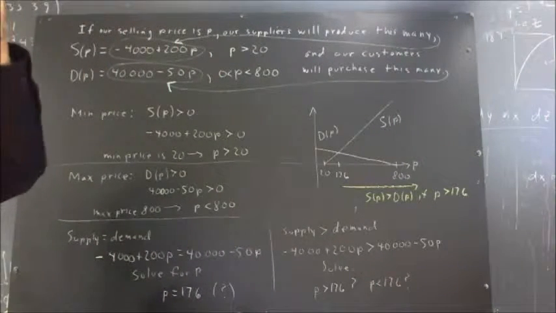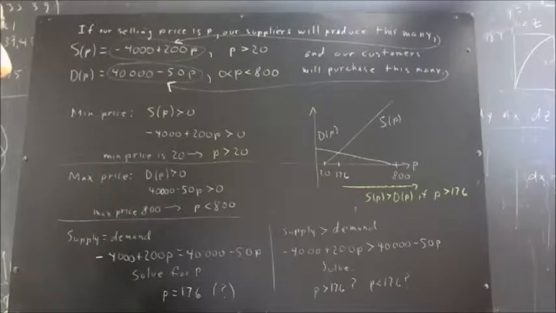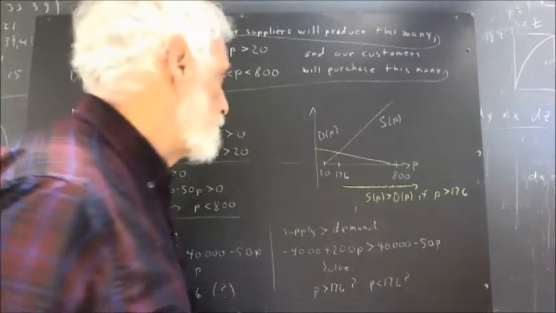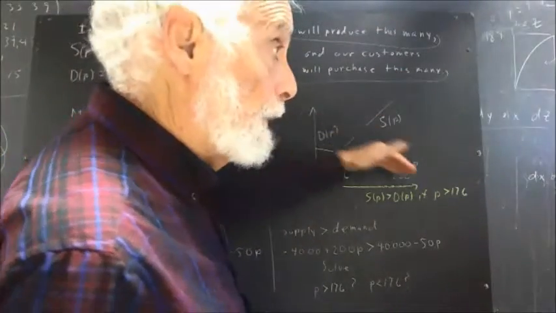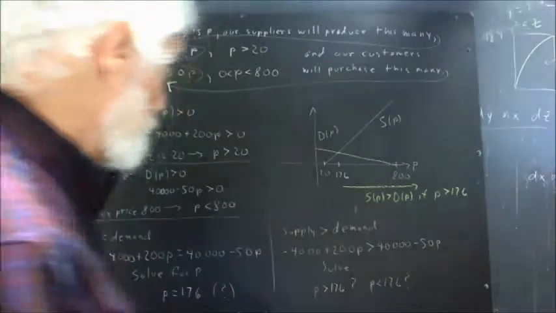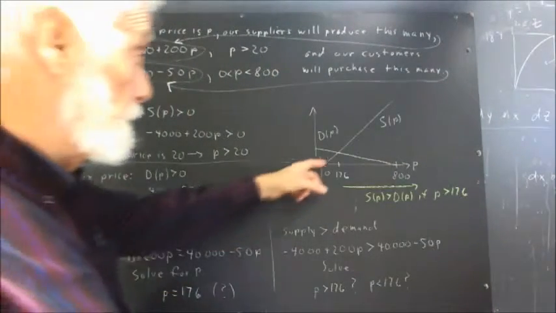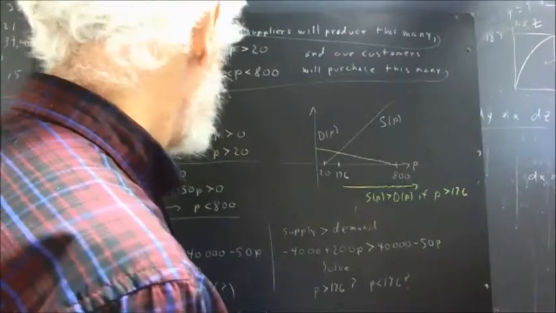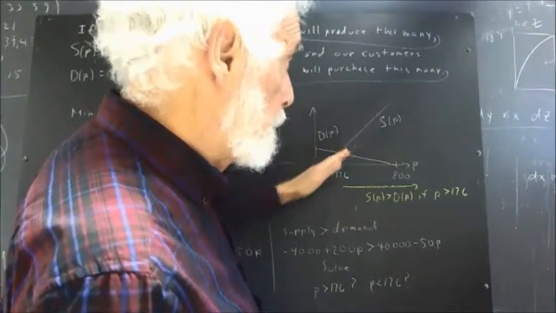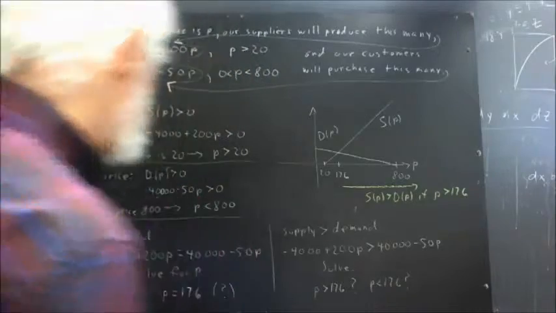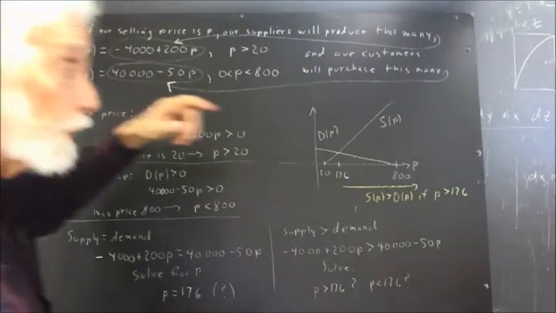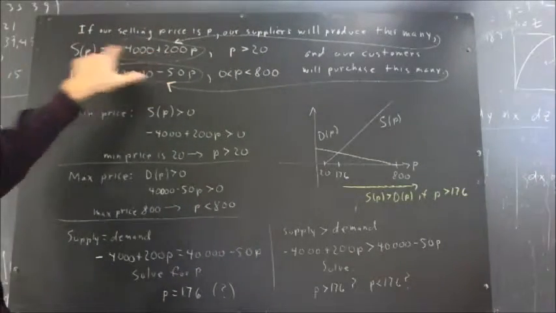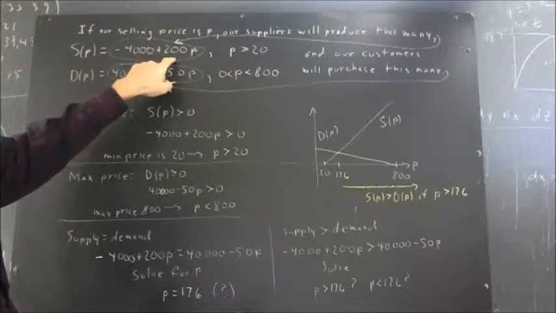Okay, then there's the graphical picture where we have our supply function and our demand function. To graph this picture, I started our supply function off at P equals 20, and then I had an upward slope meant to represent the slope of your supply function, which would be 200.